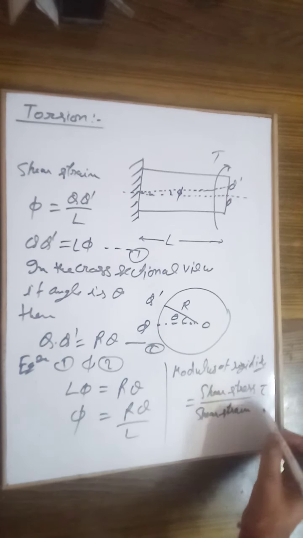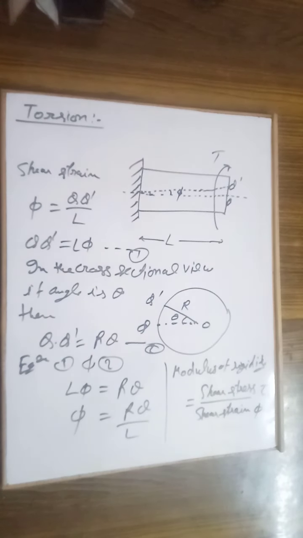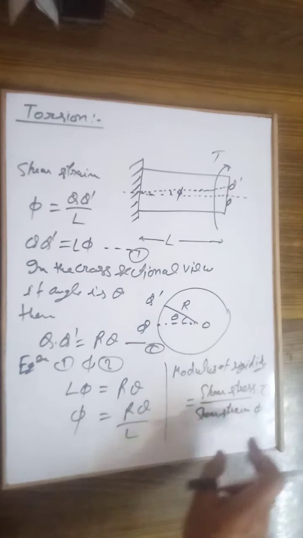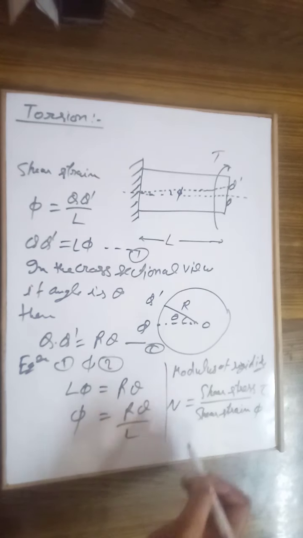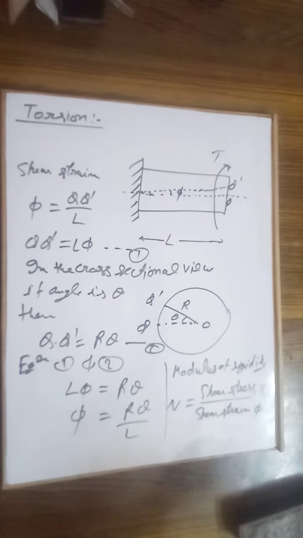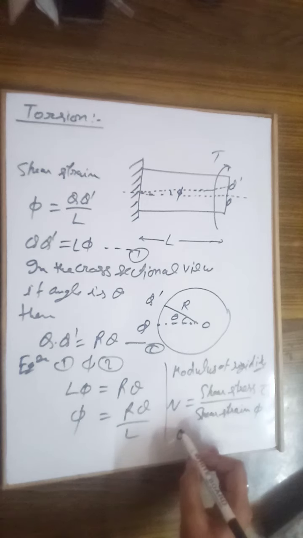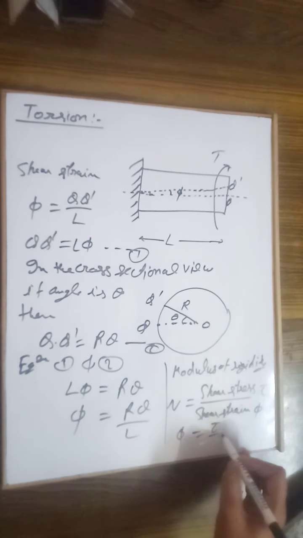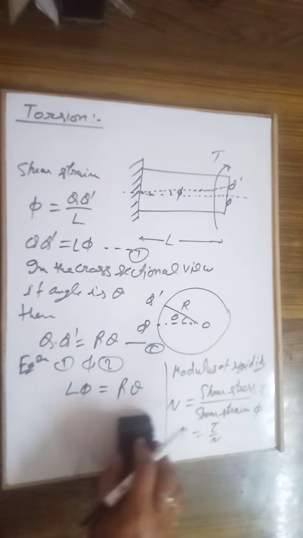If we represent the shear stress by tau and the shear strain by phi, the angle of shear we have represented, let me erase this and put the value of phi here. If the modulus of rigidity is represented by n, then we can say phi equals tau by n. So we can also put this value in this equation.